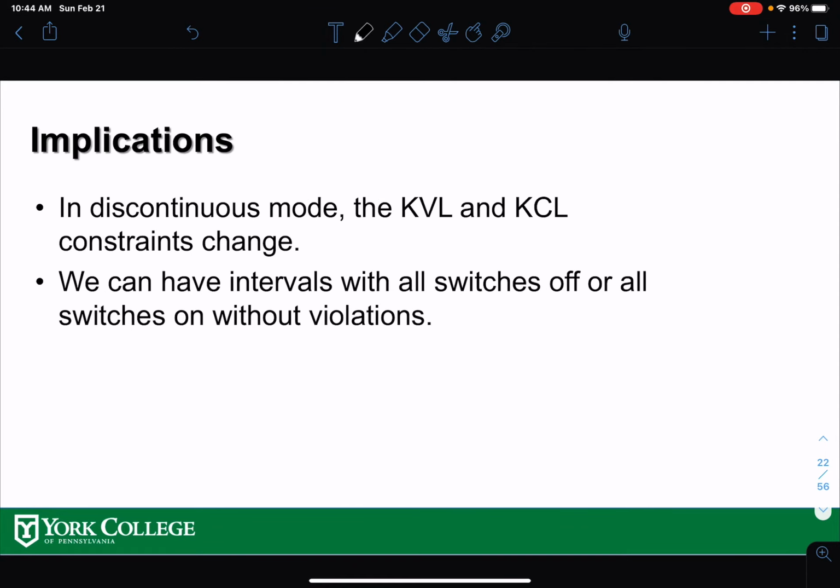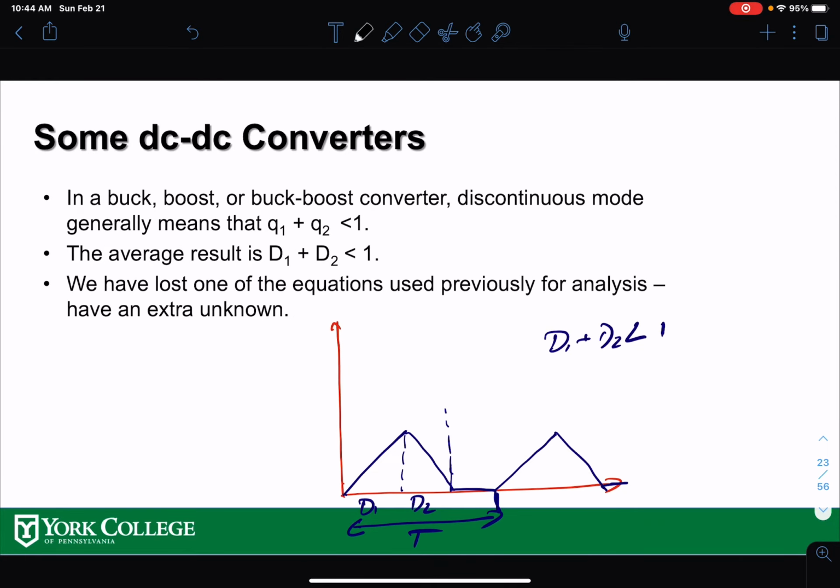In discontinuous conduction mode, which we'll cover in the next video, if you have some restriction on KVL and KCL, we're going to talk about that. We can have a point where both switches are on or both switches are off. We're going to get there when I get to the DCM. Let's talk about DCM a little bit here. I have to distinguish DCM from CCM, the normal operating condition, with this variation over here.